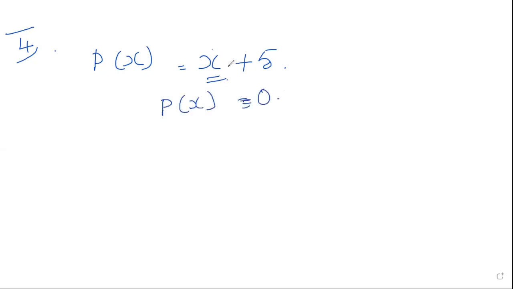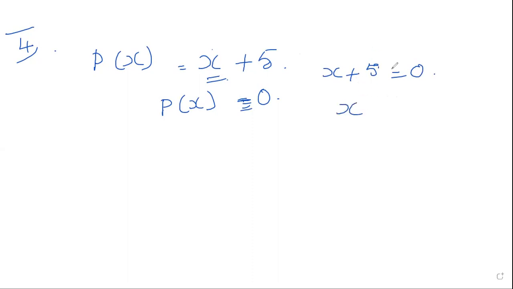What should we do? We equate the equation to 0. Okay? So to find the 0 of a polynomial, we have to equate the equation to 0. That means x plus 5 is equal to 0. Now you know how to solve this, right?